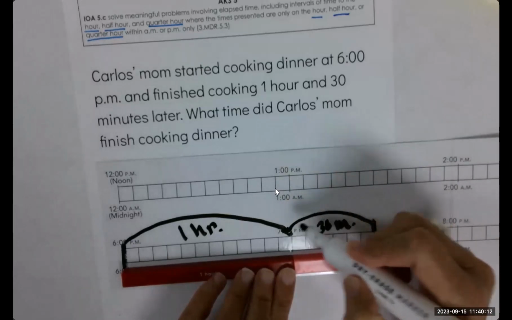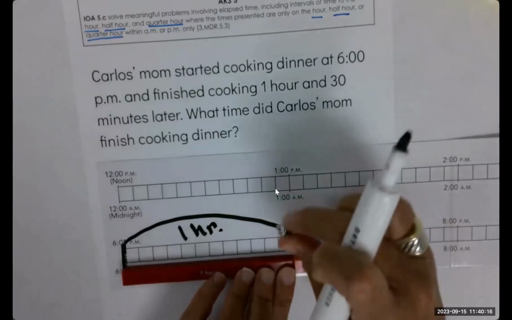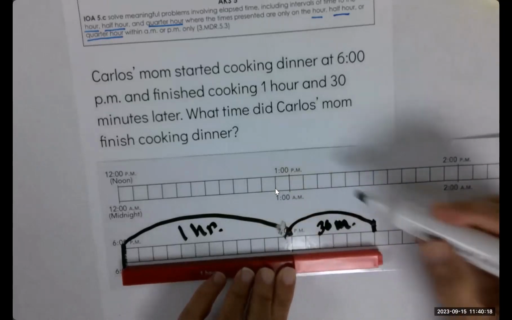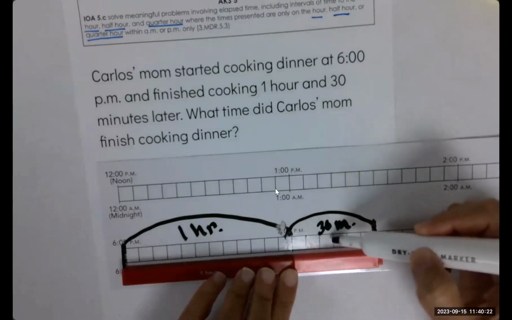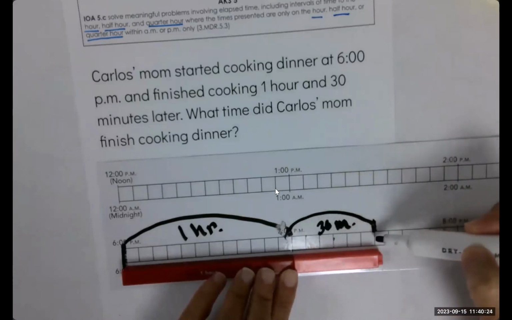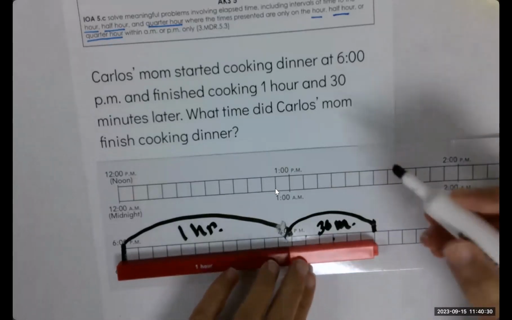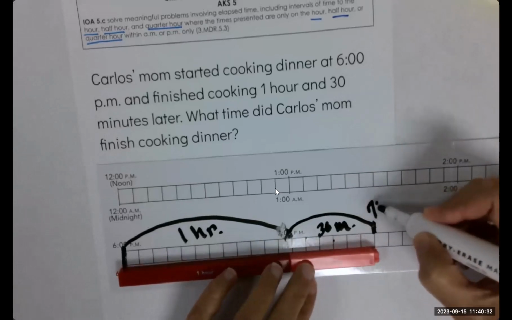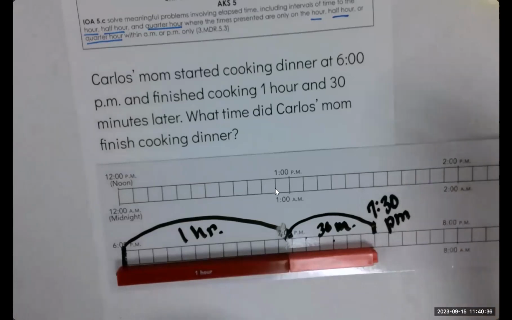We just need to know that this is 7 p.m., which I kind of covered up with my expo marker, but you can still see it right there. And I'm going to count each increment: 7:05, 7:10, 7:15, 7:20, 7:25, 7:30. So the time that Carlos's mom finished cooking is 7:30 p.m.